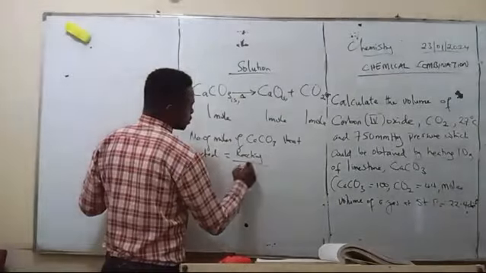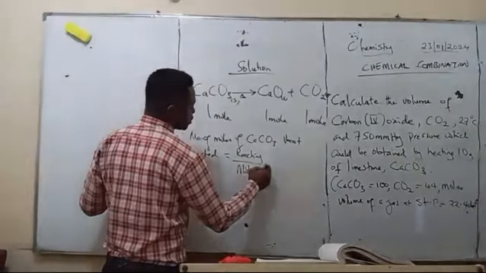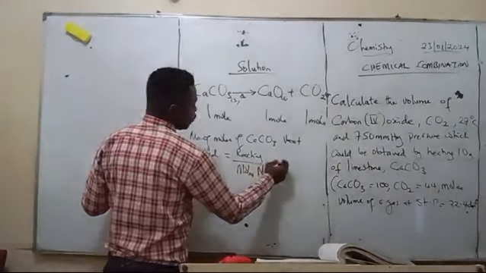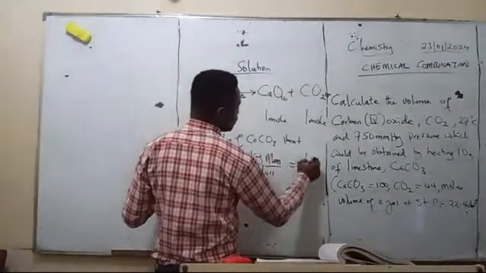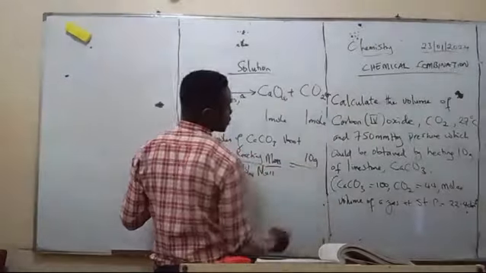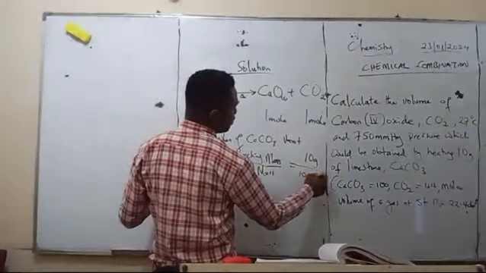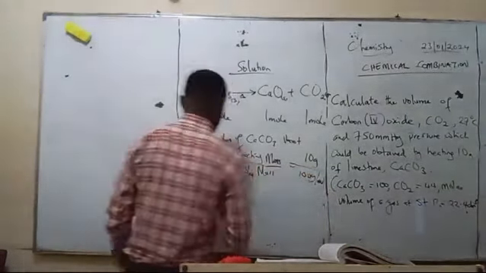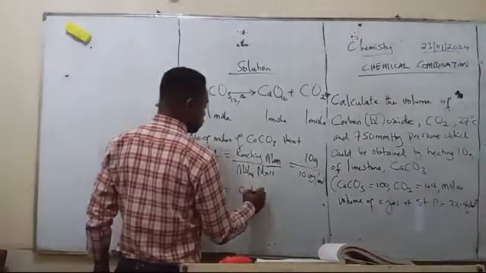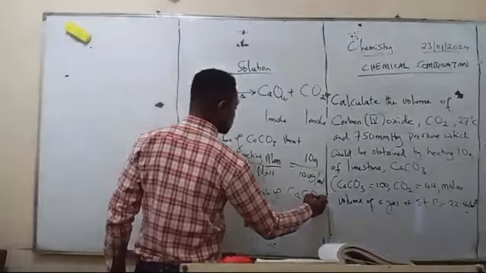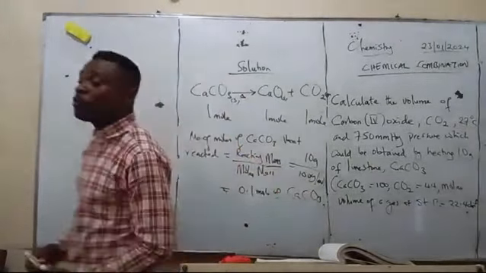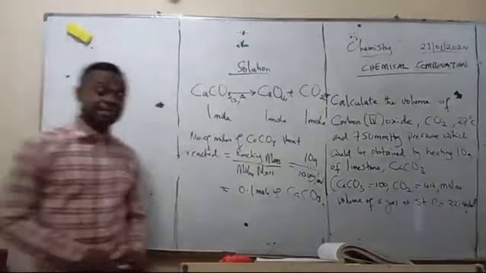What is the reacting mass? 10 grams, from the question. 10 grams over 100 grams per mole, and this will give us 0.1 mole of calcium carbonate. So 0.1 mole of calcium carbonate reacted, right?